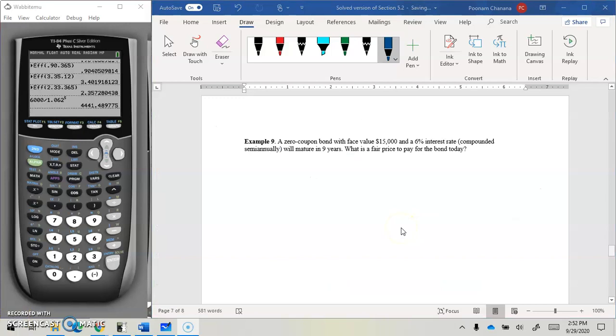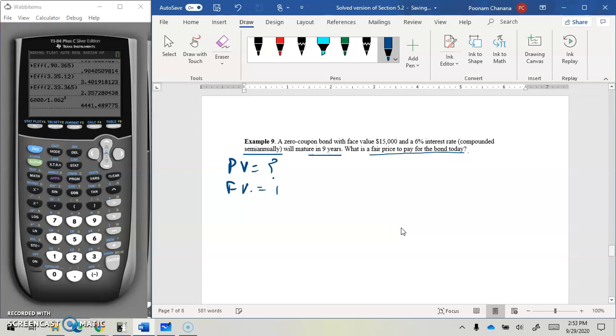Example number 9. A zero coupon bond with a face value of 15,000 and an interest rate of 6%, compounded semi-annually, will mature in 9 years. What is the fair price to pay for the bond today? The question again is to find the present value when the future value is given to be 15,000.